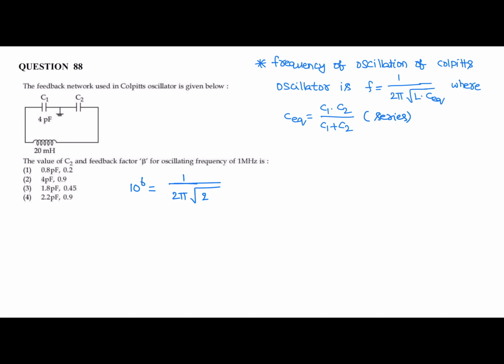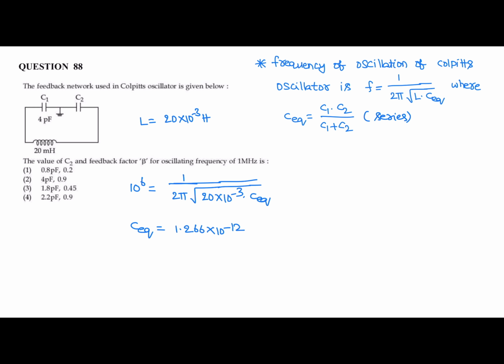The value of inductance L is given as 20 into 10 power minus 3 henry. So on solving, the value of C equivalent is 1.266 into 10 power minus 12.